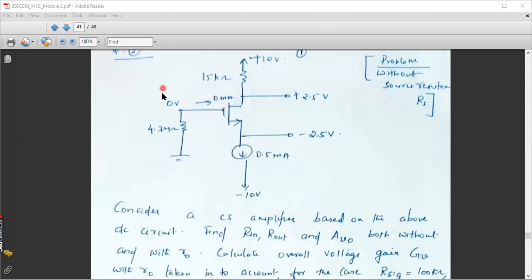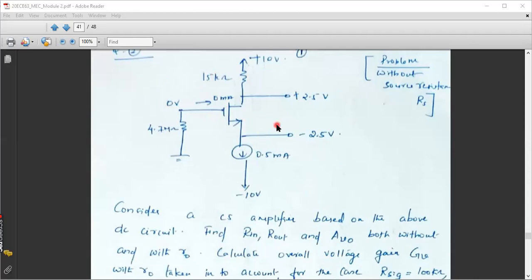You are provided this figure. This is a biasing circuit for an amplifier. This is not an amplifier. If it were an amplifier, it should have the input, the coupling capacitances CC1, CC2, the load resistance, all those things. But this is just a DC biasing circuit applicable for a common source amplifier.